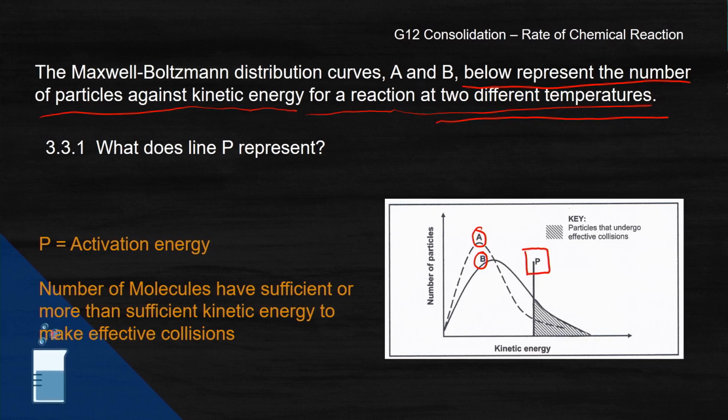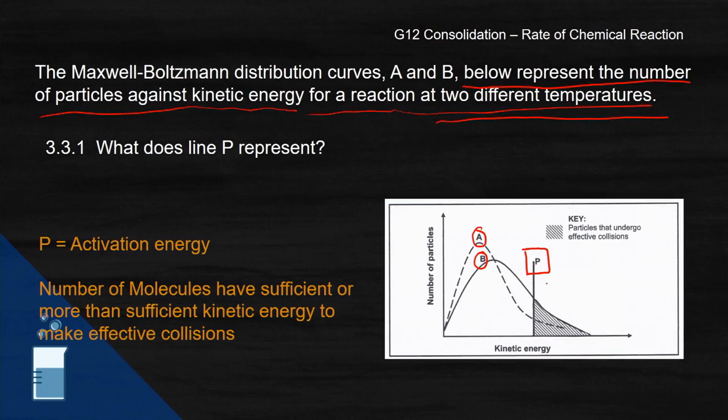Now, what does this P line represent? If you know your Maxwell-Boltzmann distribution curve, you will know that at this point, that is where the particles will have enough kinetic energy to make the reaction happen. And so that P line represents the activation energy.